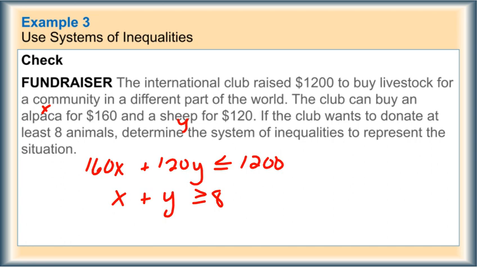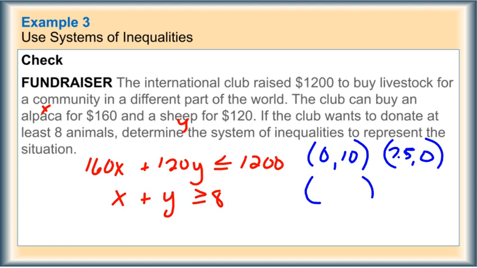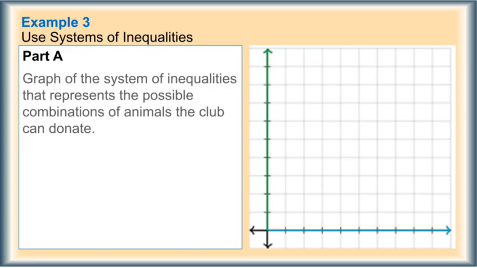Now, if I were to do the intercepts for the first one, if x is 0, y would be 10. And if y is 0, x would be 7.5. And then here we would have 0 and 8, and 8 and 0. So let's come to our coordinate plane, and we can graph those. So let's put those ordered pairs again.